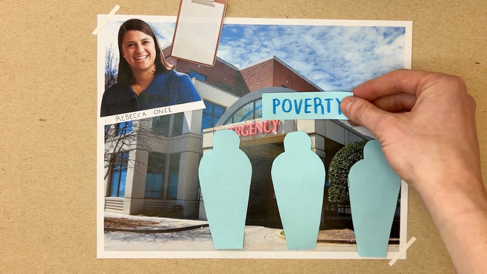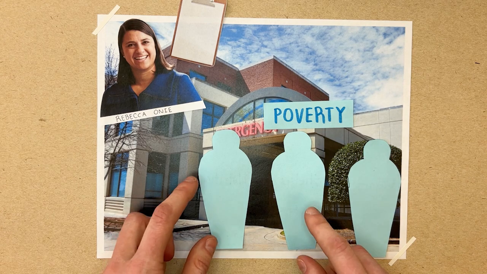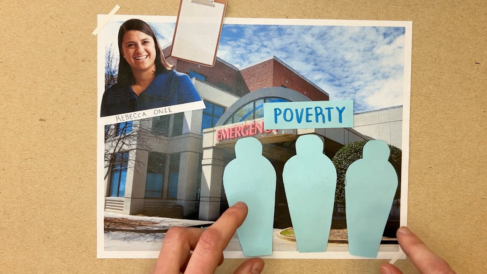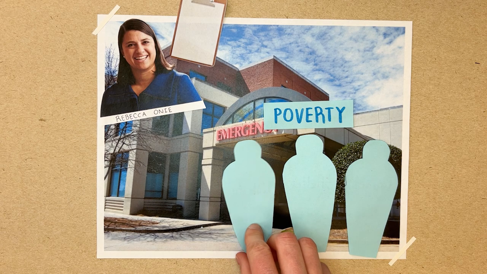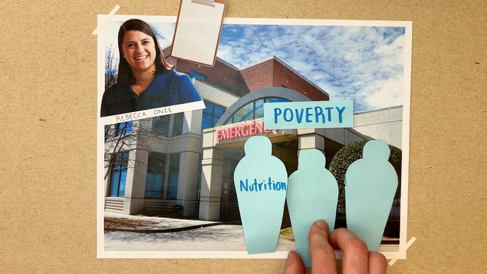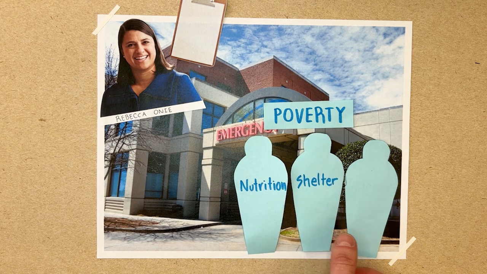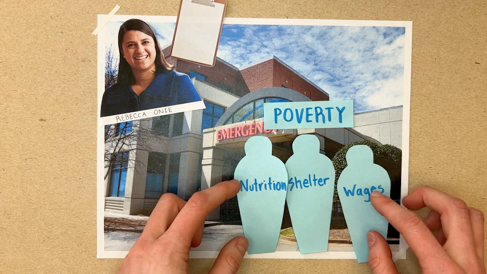So remembering how we did that inverted Ishikawa for maternal mortality and we saw those root causes, it's the same thing with a lot of the reasons why people end up in emergency rooms in the US. It's all related to things that have to do with poverty. Some of the pathways by which poverty led to these symptoms included inadequate nutrition, shelter, and lack of decent wages to provide for basic needs.